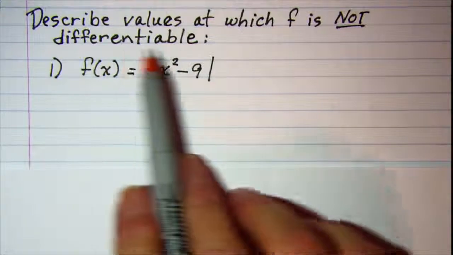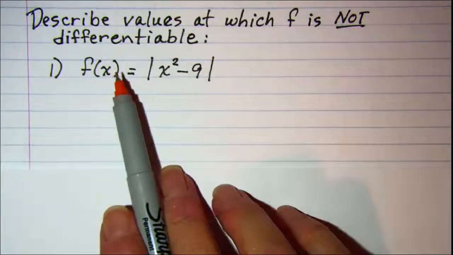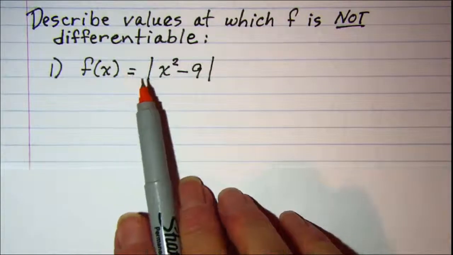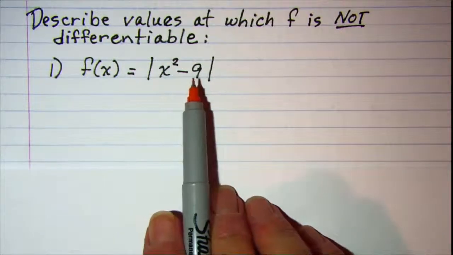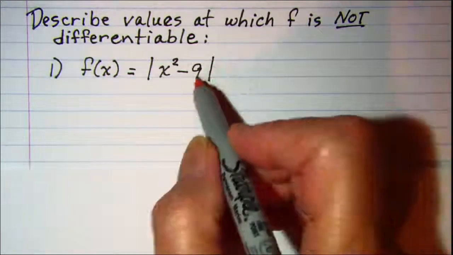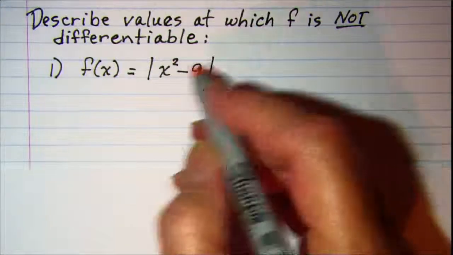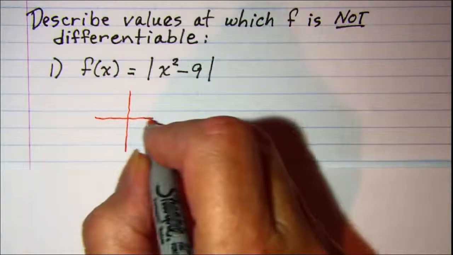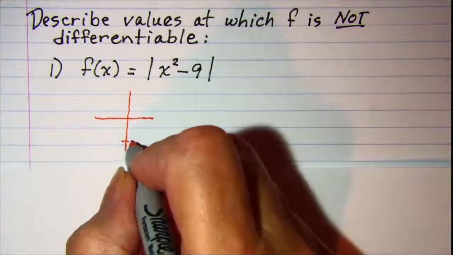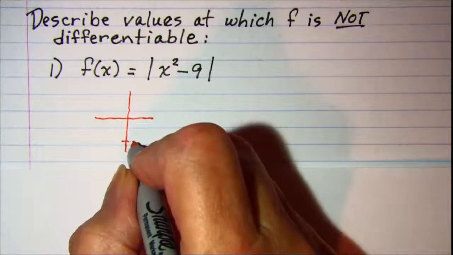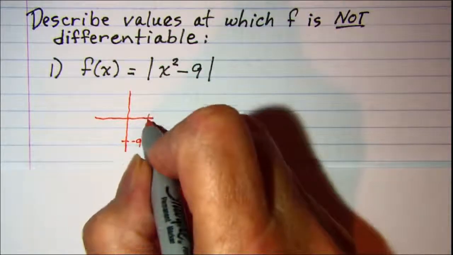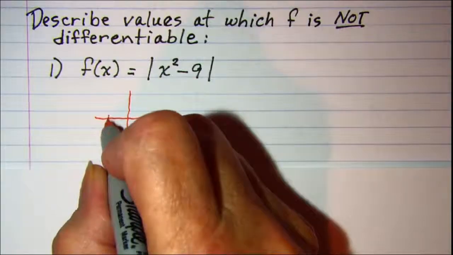So let's describe values at which f is not differentiable. For our first one, we have f of x equals absolute value of x squared minus 9. Now this inside part, the argument, is a parabola that goes down to negative 9, and then crosses at 3 and negative 3.